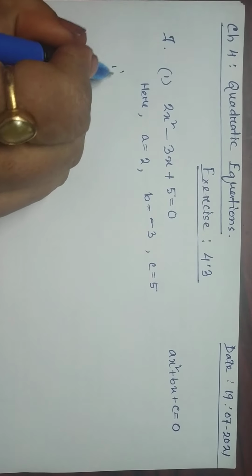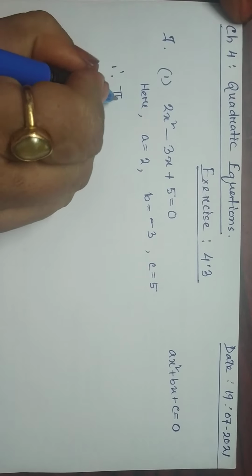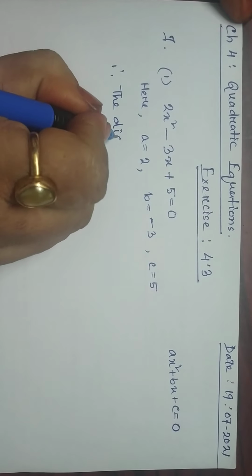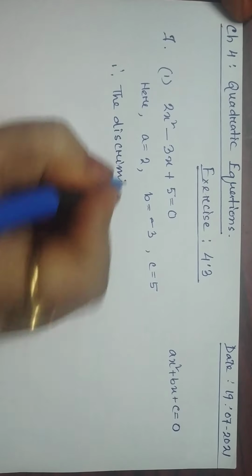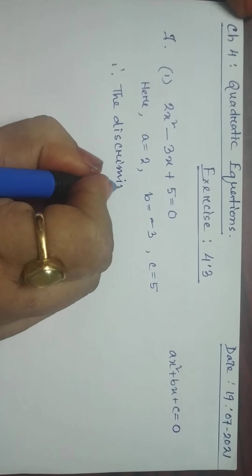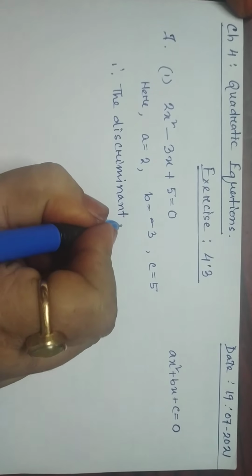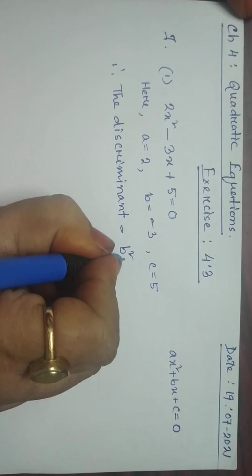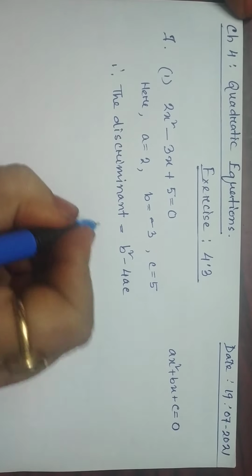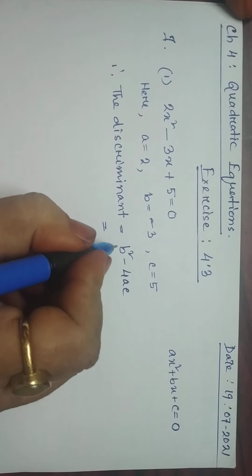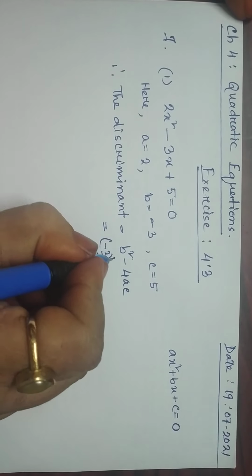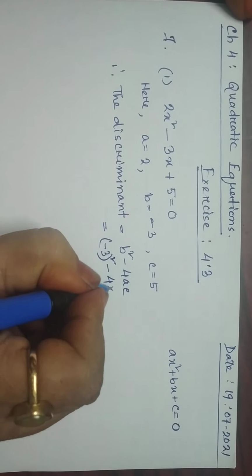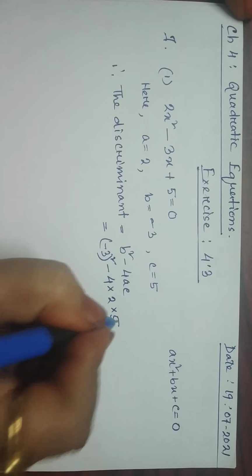Therefore the discriminant is equal to b square minus 4ac. What will this value be? b square means minus 3 whole square minus 4 into a means 2, c means 5.